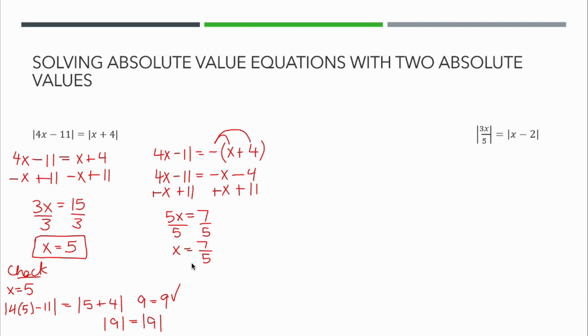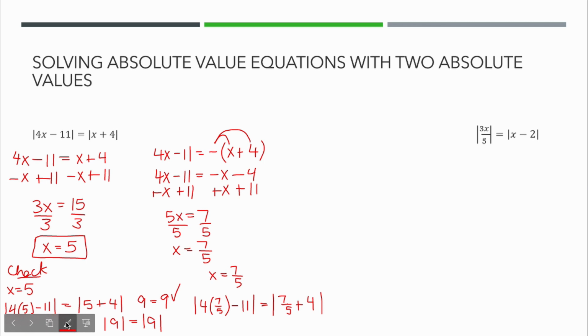Now let's do x is equal to 7/5. 4 times 7/5 minus 11, the absolute value of this, is supposed to be equal to the absolute value of 7/5 plus 4. Now, an easier way to work with the fractions is to make the whole numbers the same denominator as the fraction.